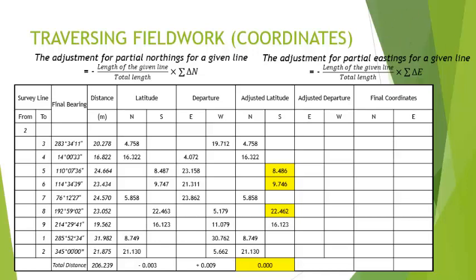Simple formula, but there is a tricky part. How to apply the results of the formula? The simple understanding is if the total value of latitude or departure is negative, okay, the total value here, down here, is negative, then to make it closer to zero we use the addition function, of course.